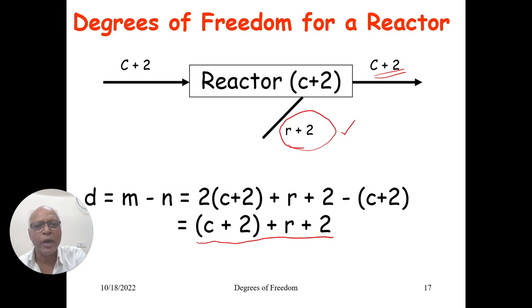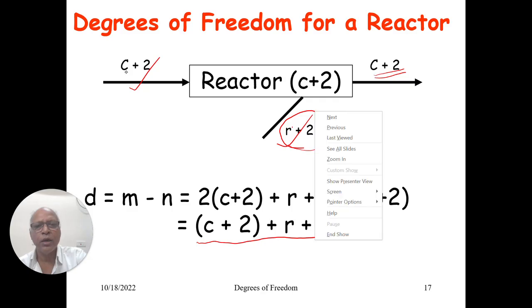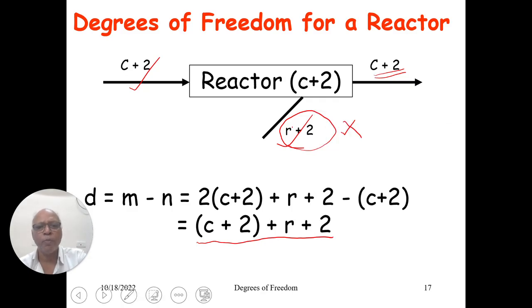So probably there could be a change in the equipment parameter depending on the actual type of model you may be using. For example, in this case, what do you mean by this result? So, for a rating model, specifying the input streams, equipment parameters, how many you are specifying? C plus 2 plus R plus 2, which is equal to the degrees of freedom.